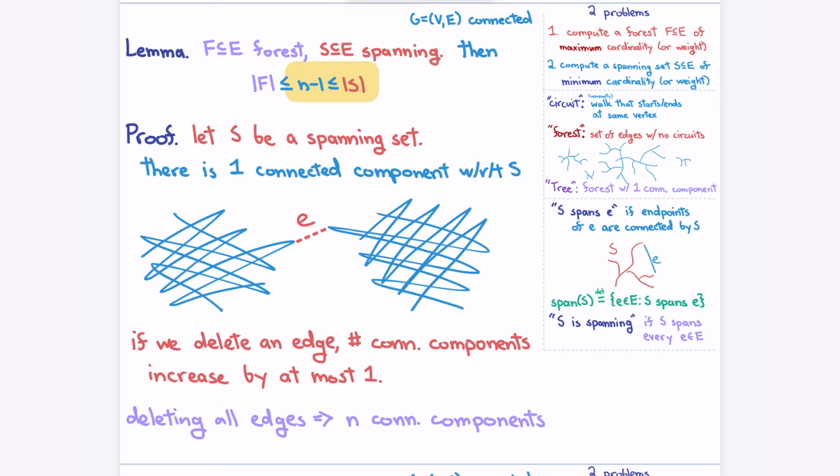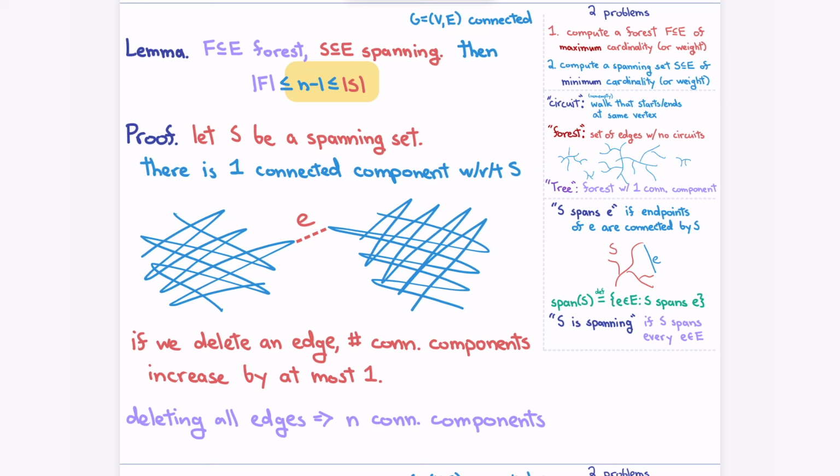If you start with a spanning set of edges, then everything must be connected, so there's one connected component induced by your set of edges. Now remove one edge at a time. It's possible that edge is redundant and nothing changes, or it might create two connected components out of one. The number of connected components may go up by at most one. You won't create three new connected components.